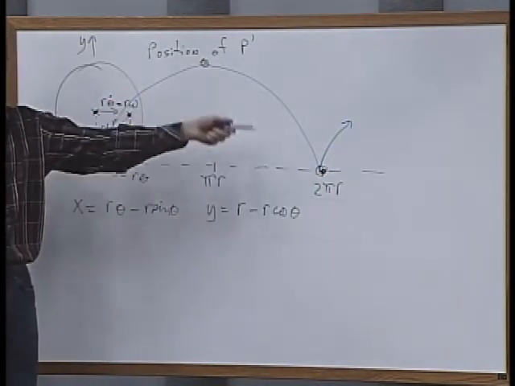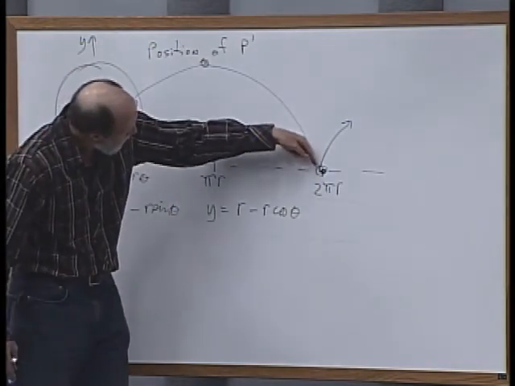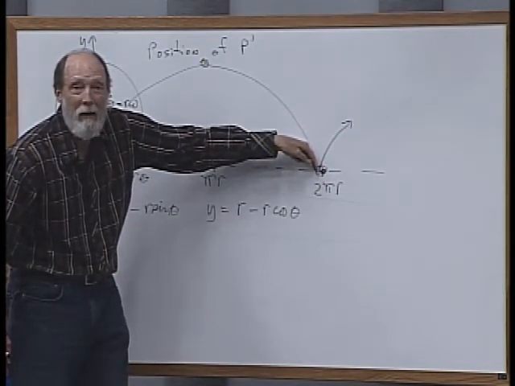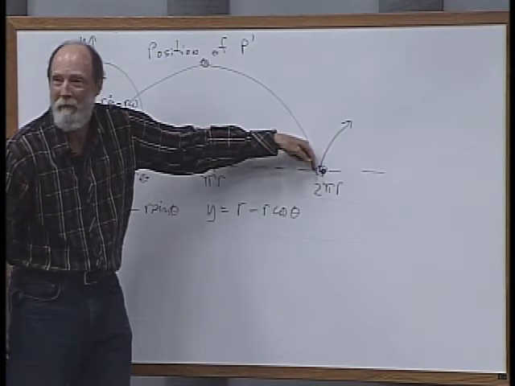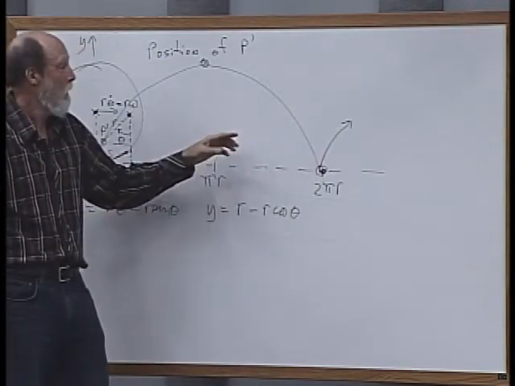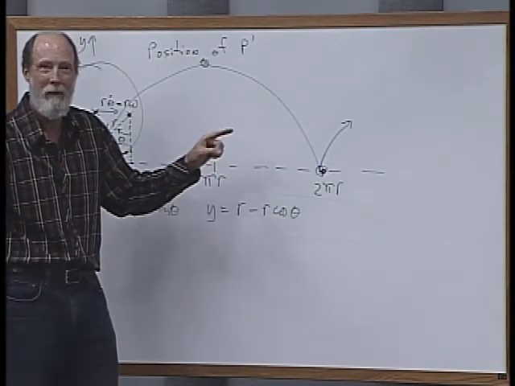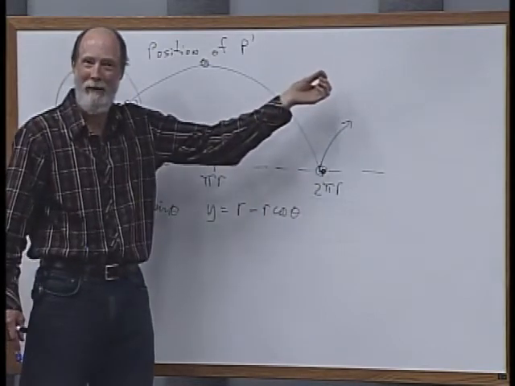It's not parabolic. What's the shape of the curve right here as it comes into the ground? It comes in normal to the surface, comes in vertical. It slows down, doesn't it? It has to if it's going to come down and stop and then lift back off again.